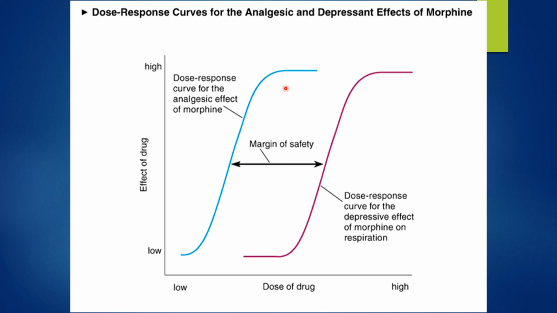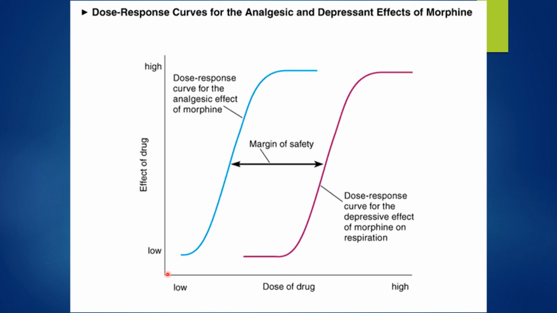Here you can see the dose response curve of the analgesic and depressant effect of morphine. Even though morphine is an analgesic drug, it has some depressant action. The important effect we need is analgesia. The blue graph shows the people having a response, and the pink or violet graph shows what happens when the dose is moved to a higher dose, which causes depression.